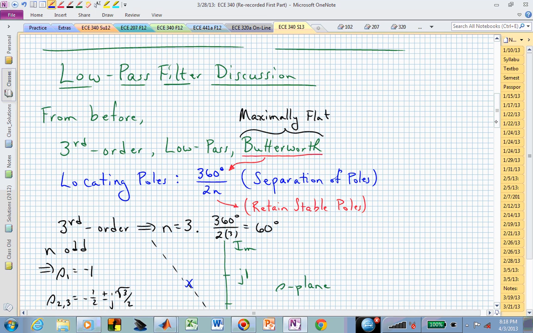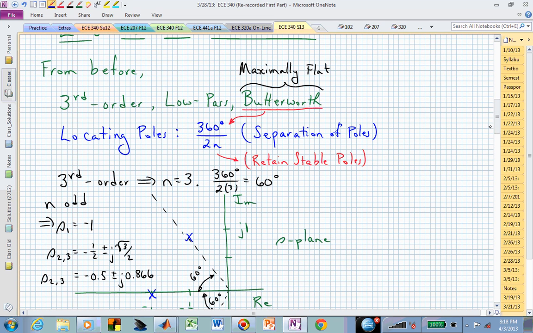The first thing we do when designing a Butterworth filter is figure out where the poles are located. If it's third order, then since 3 is odd, we will have one real pole, located in the normalized cluster of poles at -1.